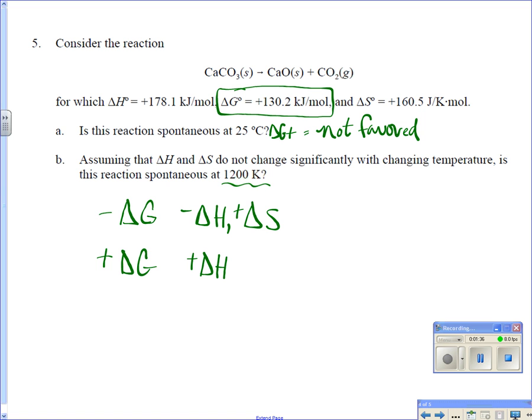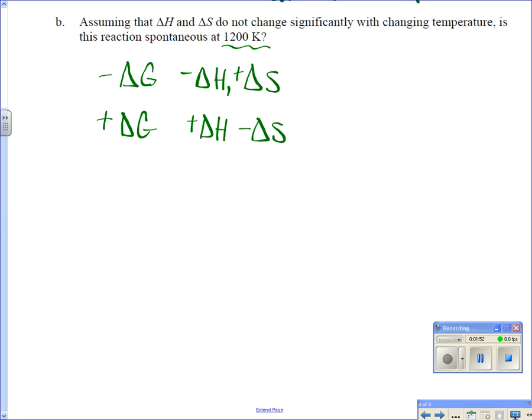It's not going to go unless I have enough messiness. Well, a negative delta S means that I'm not very messy, I'm increasing order. And so there's not enough energy to do both of those things, and so this is automatically not favorable, so not spontaneous. Where the problem comes in is when they're the same sign, when they're both negative or when they're both positive.